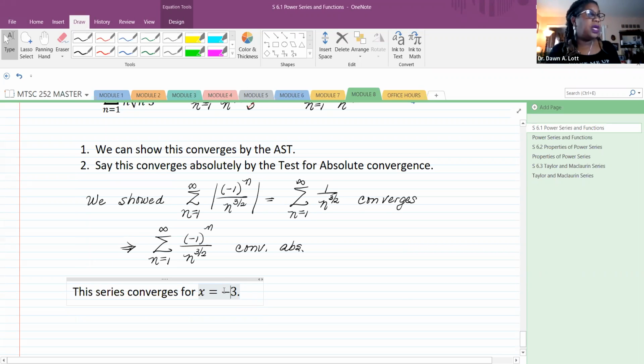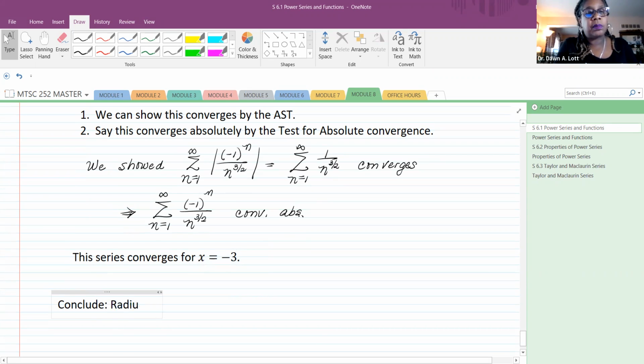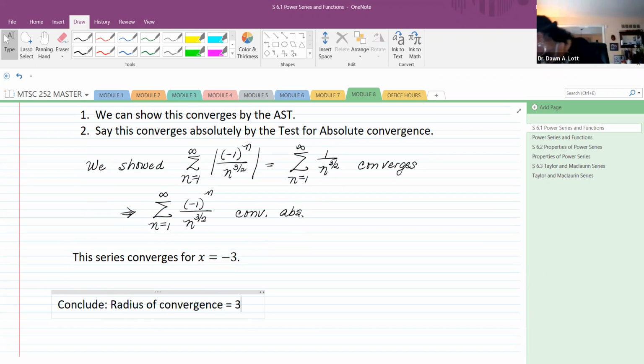All right, so now we have to redo our interval of convergence. So our radius of convergence, we can now conclude, is clearly equal to 3. Nothing changes for that.